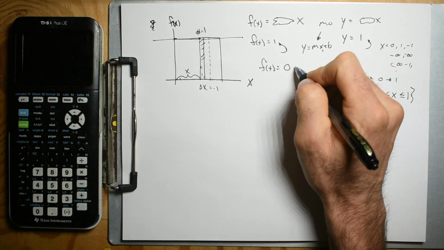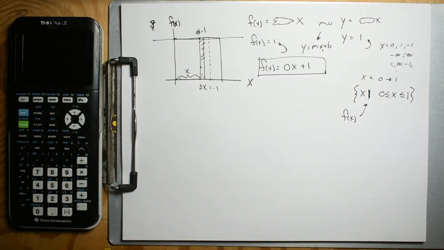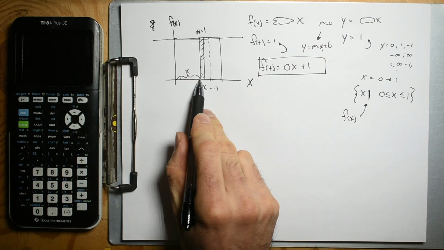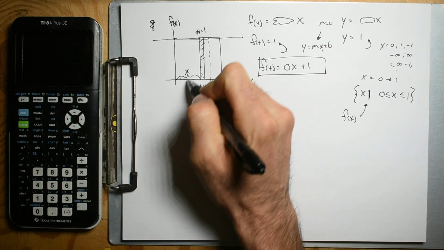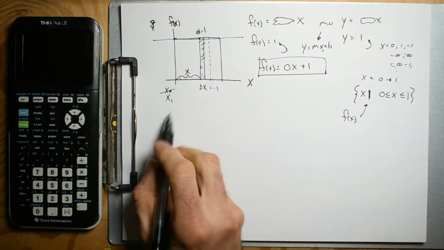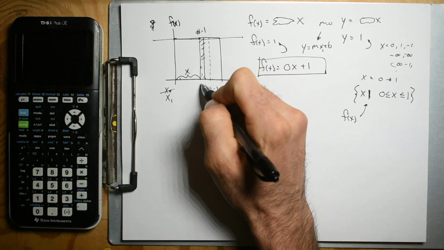So we have slope of 0x plus 1 for our equation, and now we can input a value of x. We can consider this x to be our x1 or x0, but we're going to consider it our first value of x, where this is our second value of x.